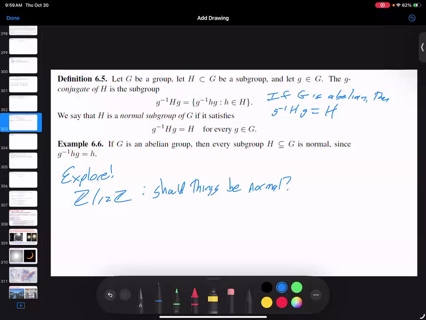Is this group abelian or not? Yes. So if it's abelian, should things be normal here? Yes. We're not expecting to see anything interesting here.